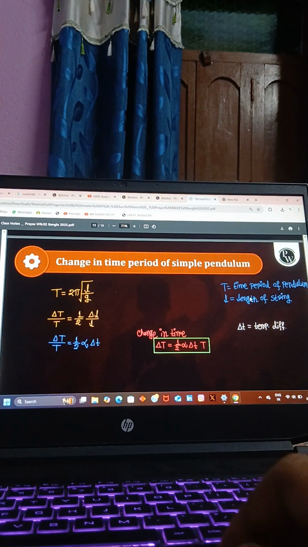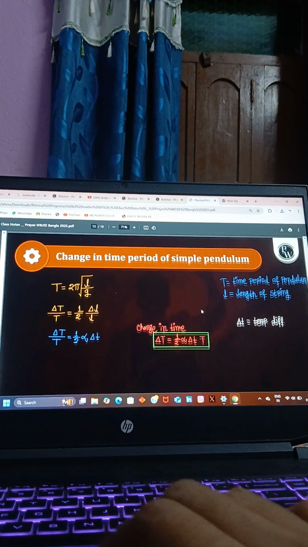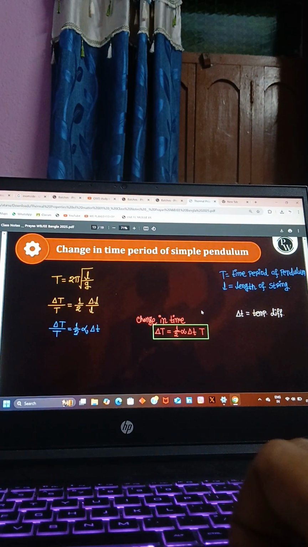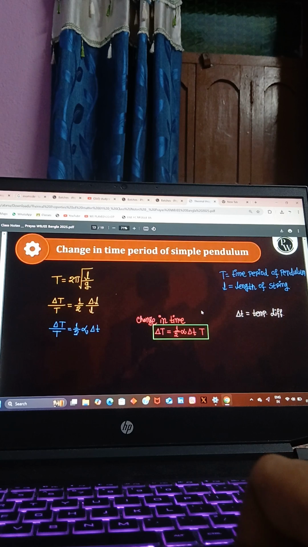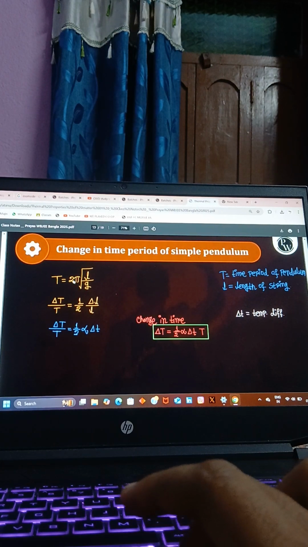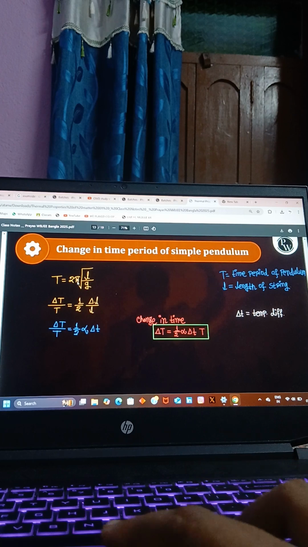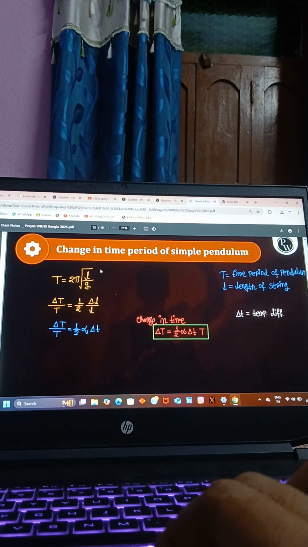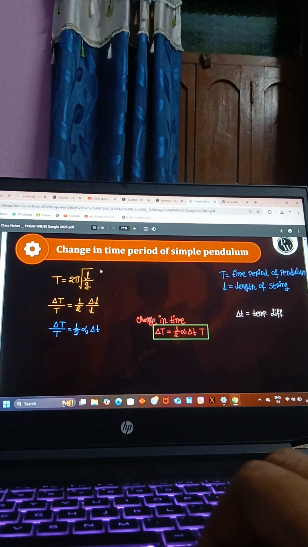Yes, this is the most important slide of this whole chapter: change in time period of a simple pendulum. T is the time period of the pendulum. We know that T equals 2 pi root under L by g, where L is the length of the pendulum.